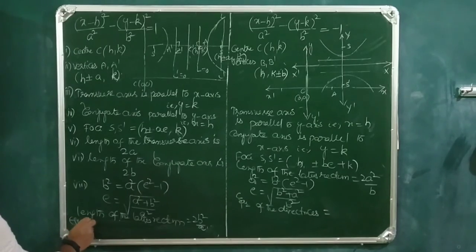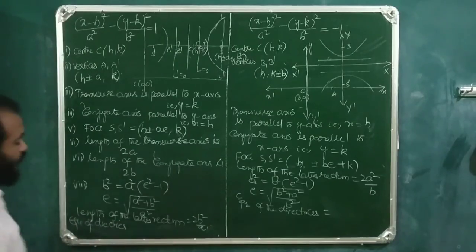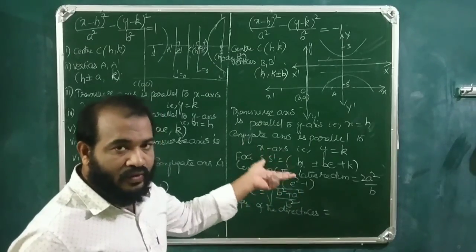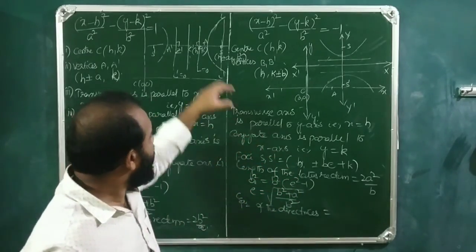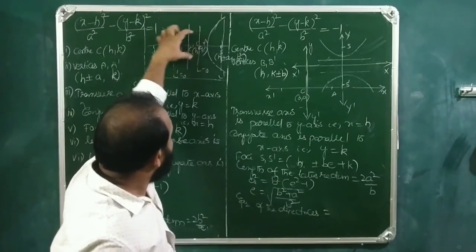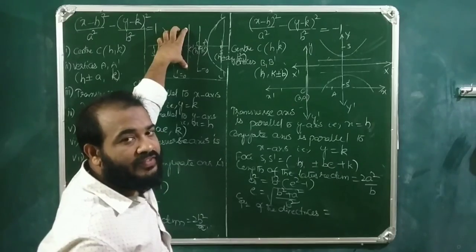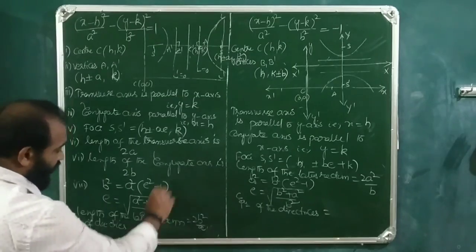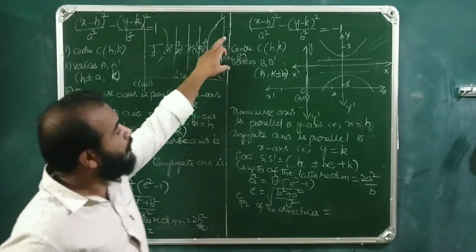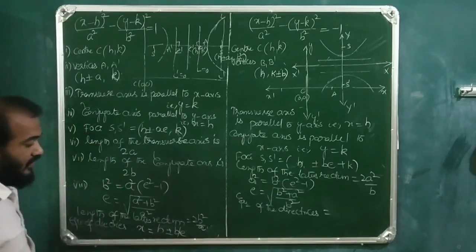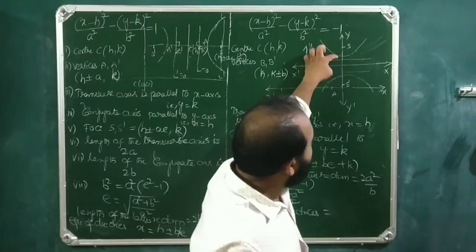Actually the equation of the directrices earlier, for x square by a square minus y square by b square equals to 1, these are parallel to y axis, x equals to plus or minus a by e. But here h plus or minus a by e is what we will get. Here these two are the equations of the directrices.